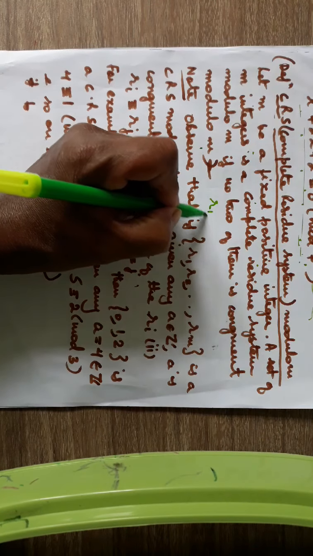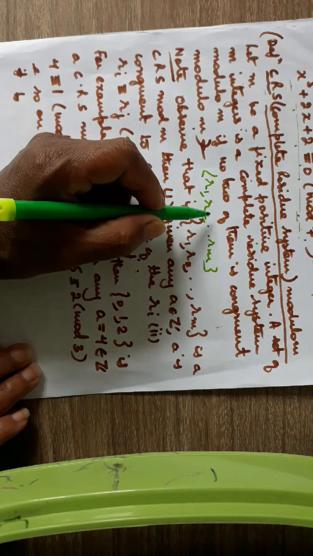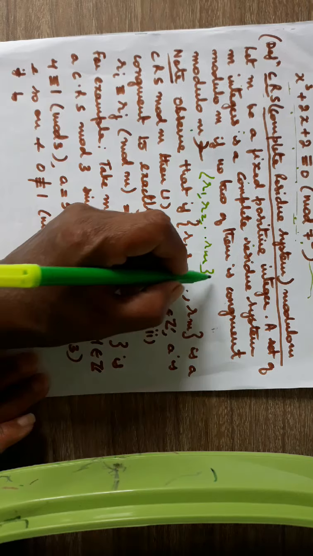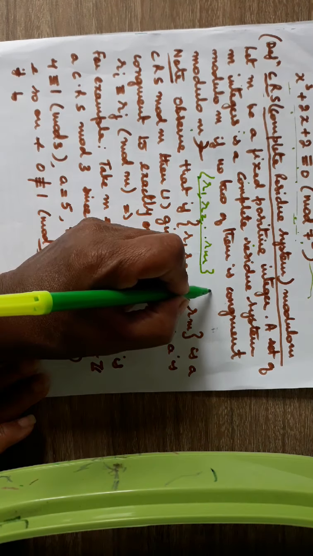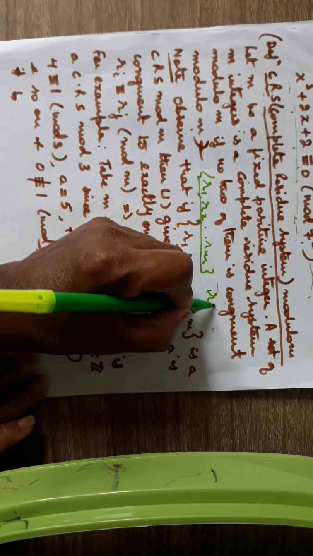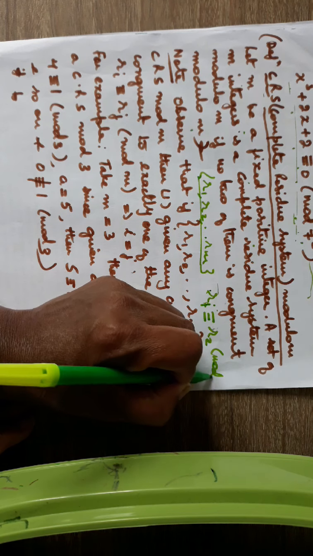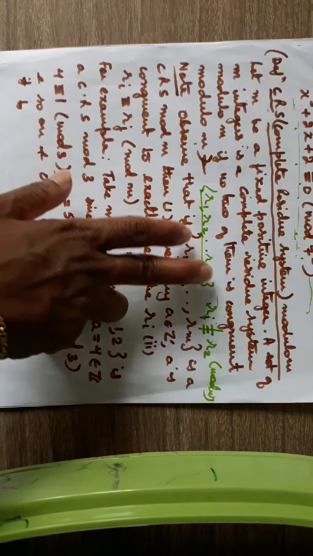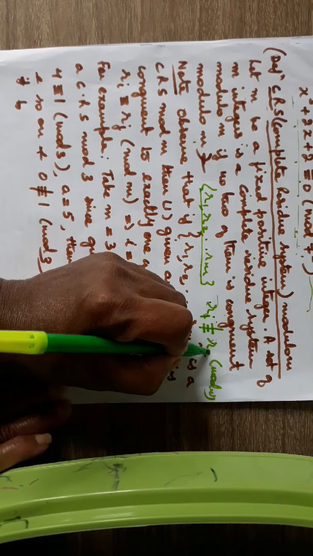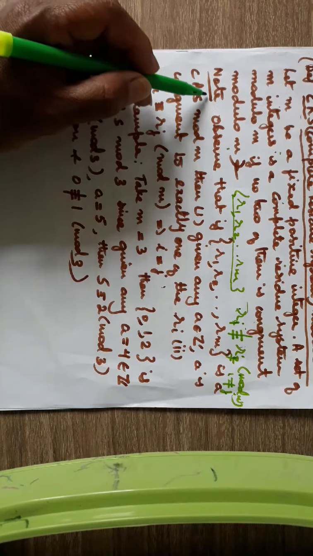If you have R1, R2, up to Rm, a set of m integers, then this set is called a complete residue system modulo m if no two of them are congruent, meaning R1 cannot be congruent to R2 mod m. In general, Ri is not congruent to Rj for i different from j. So let us just see this note.